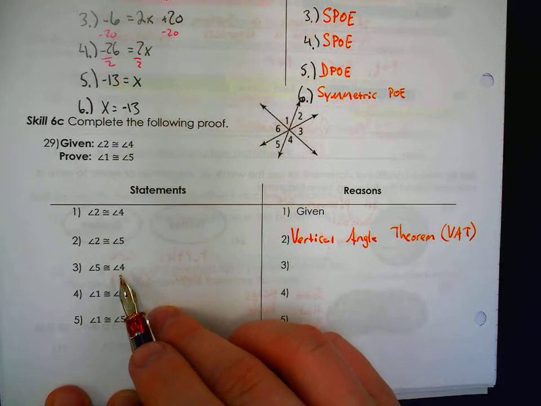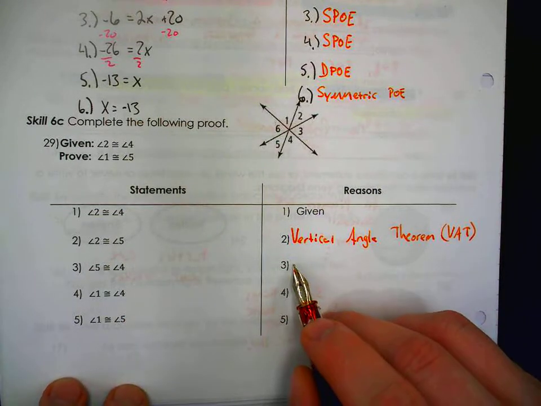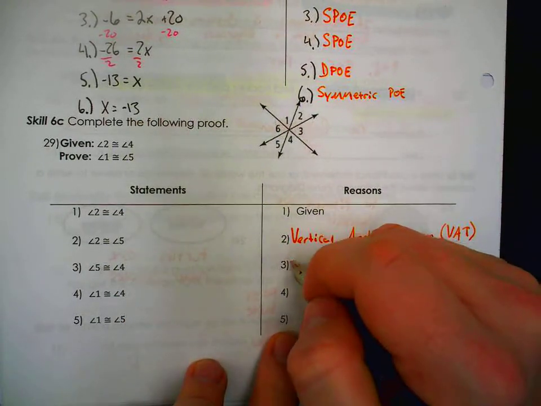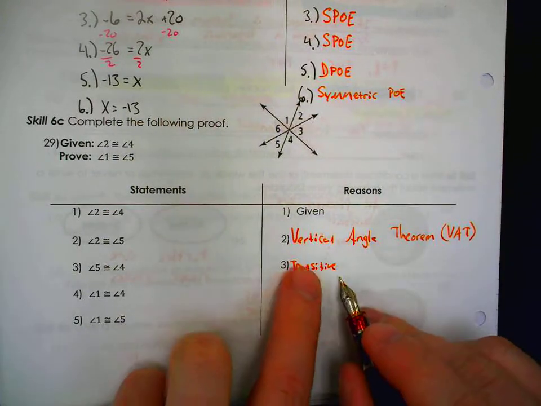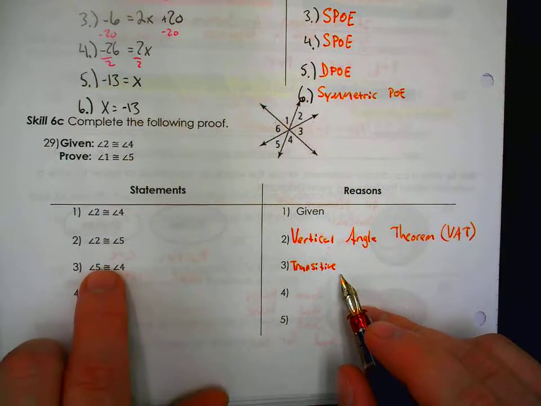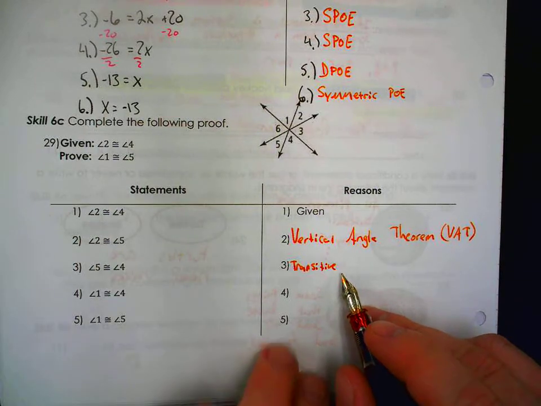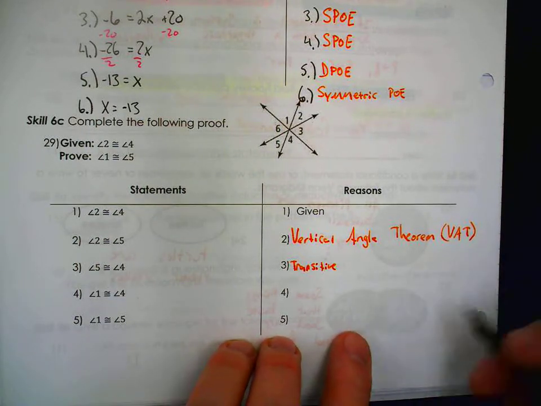Well, actually, it could be one of two properties. We could call this the transitive property. Now, this is not going to be a property of equality. Because these are congruent symbols, we wouldn't say POE, we would say POC for property of congruence.